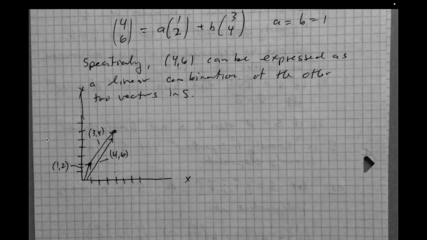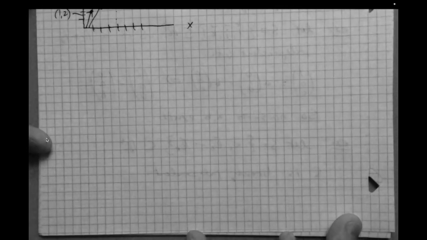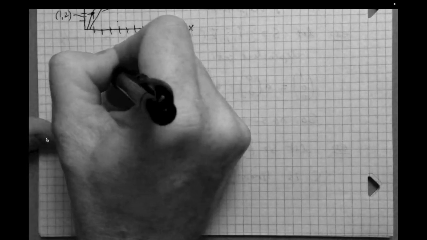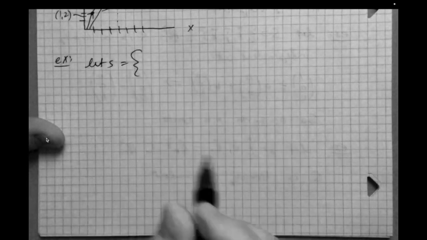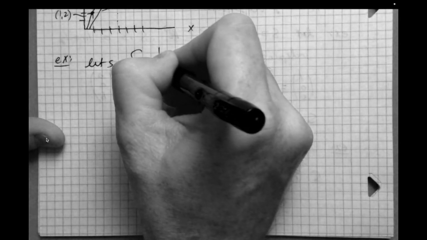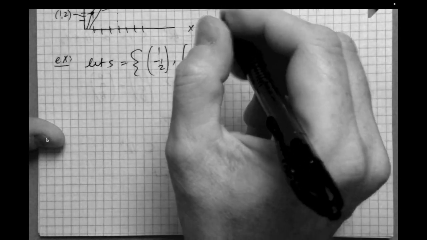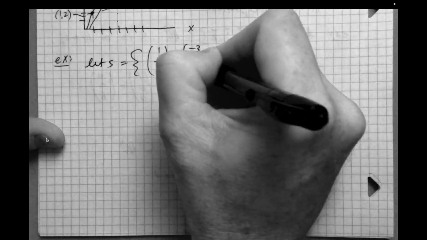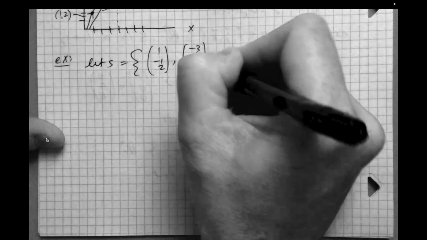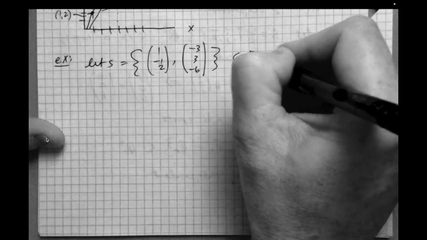Okay, let's take a look at another example. Let's let S equal (1, -1, 2) and (-3, 3, -6). So this is a subset of R3.